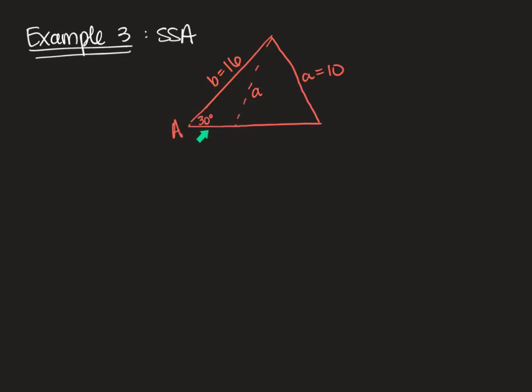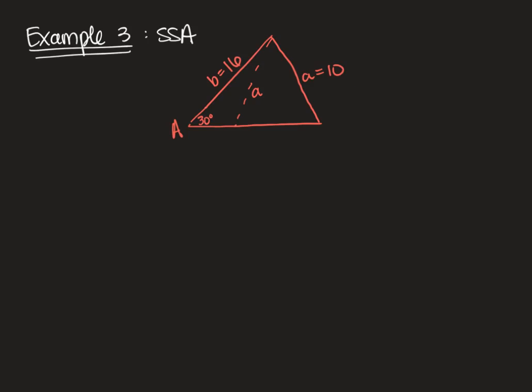But if these were the given angle, side, and side that were given to you in a problem, you're first going to think about, all right, well, I know that the side opposite the given angle is not larger than the side adjacent, so I know that not just one triangle can exist. So I want to think about, well, are there 0 triangles that exist, or are there 2 triangles that exist? And that's all based on the relationship of this length to the height of the triangle.